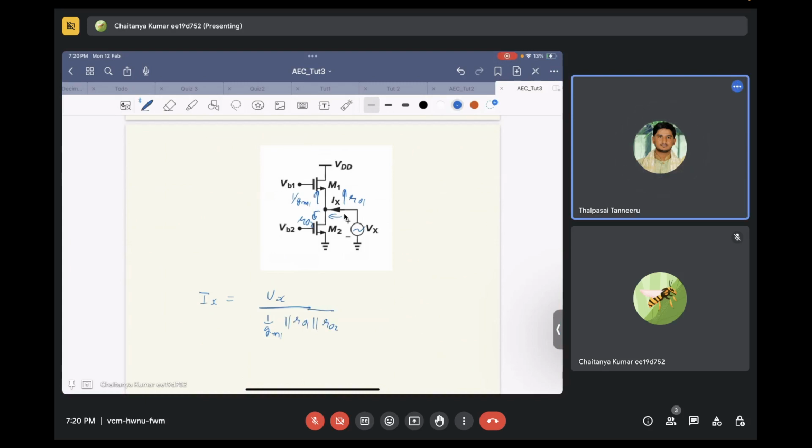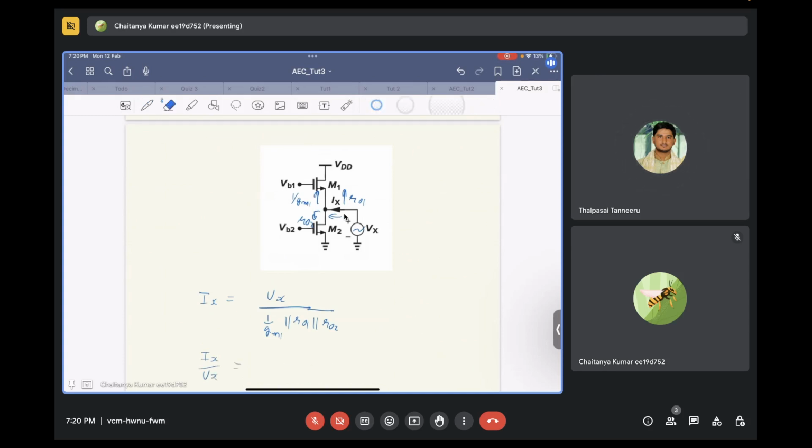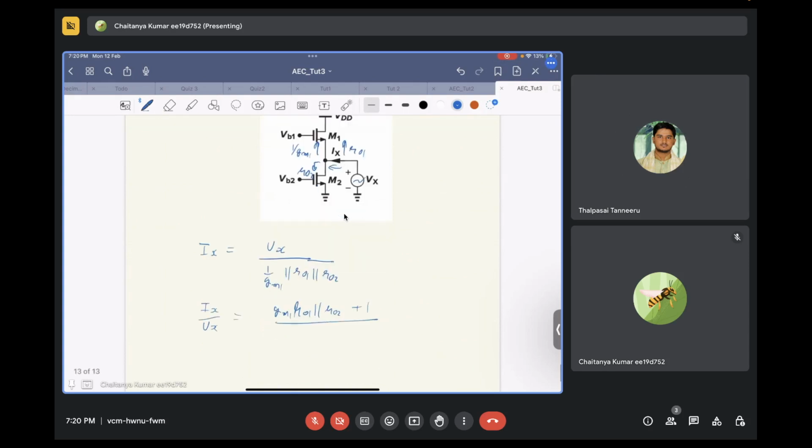Yes, sir. So this is just the gain of that. You can simplify it and get the exact expression. Exact will come out as GM1 times R01 parallel R02 plus 1 divided by R01 parallel R02.